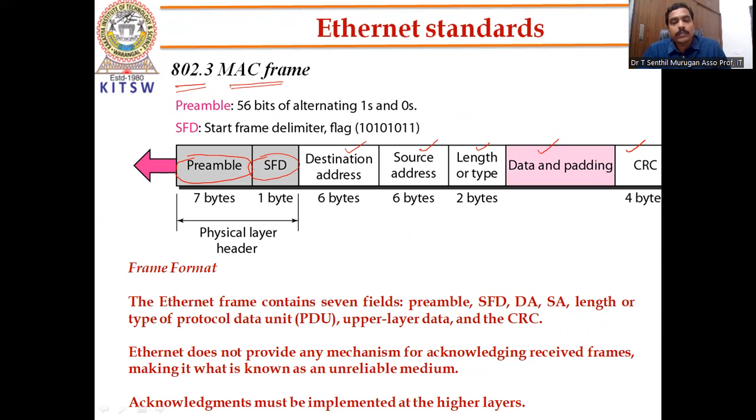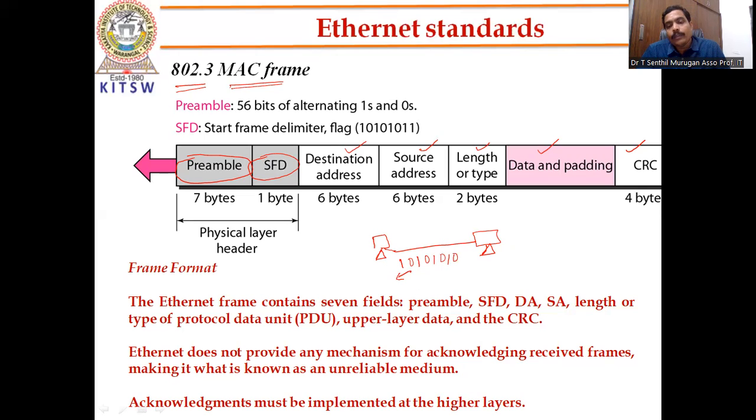How will it be represented initially? In the physical layer, the device may be connected to another device. How will it identify that data is being transmitted? Initially, it will send 56 bits of alternating ones and zeros, 1 0 1 0 1 0 1 0, like that.